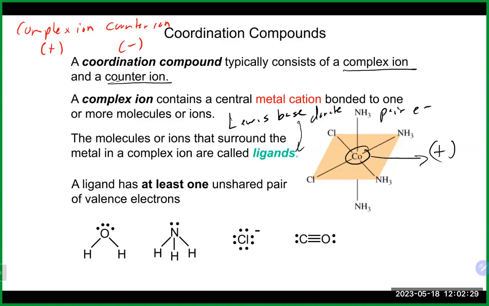When we put an ionic compound together, we want the overall charge to equal 0, and it's a very similar idea. Now, you could also have a complex ion that is negatively charged overall, which means it would have a positive counter ion in this case.